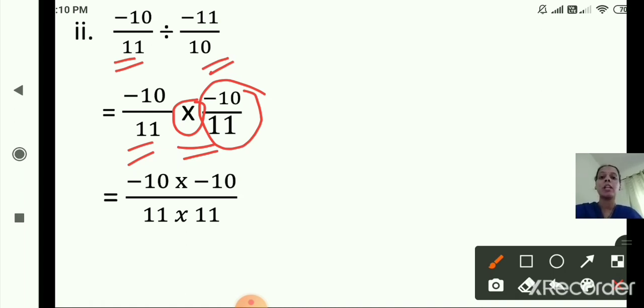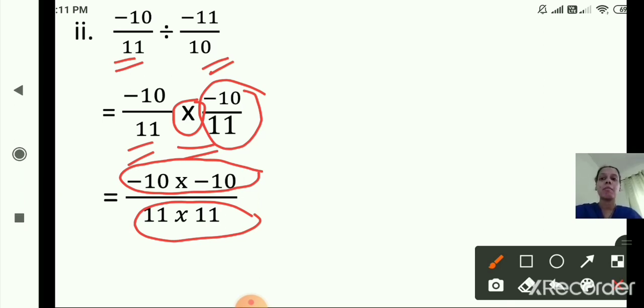So how are we doing multiplication of rational numbers? Numerator multiplied by numerator and denominator multiplied by denominator. So what is there in the numerator? Minus 10. Here it is minus 10. So minus 10 multiplied by minus 10, and in the denominator 11 multiplied by 11. Okay, now we can do the multiplication.